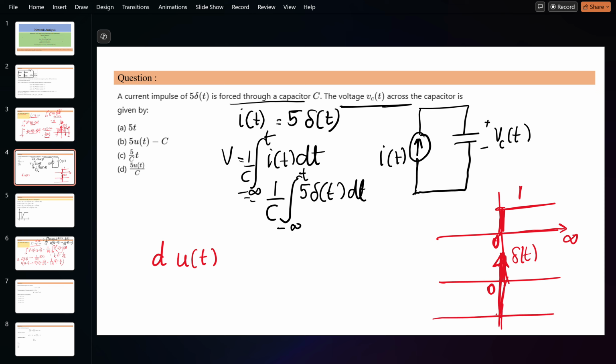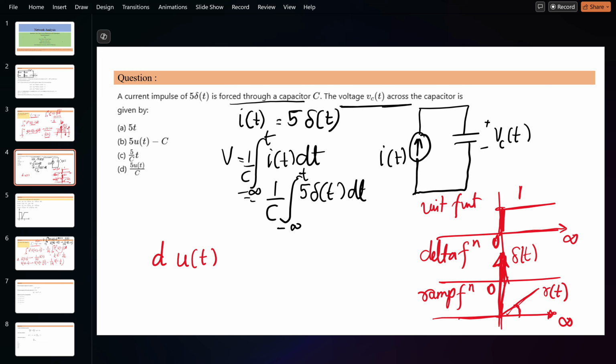Third is the ramp function. The ramp function will be like this, but the slope is something r(t), as given. So this is the unit function, this is the delta function, and this is the ramp function. Okay, three kinds of function exist.